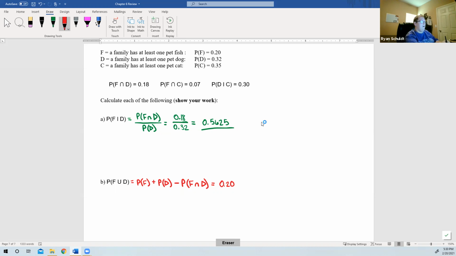What's the probability of a dog? 0.32. And what's the probability of fish and dog? 0.18. So that's going to be 0.34.